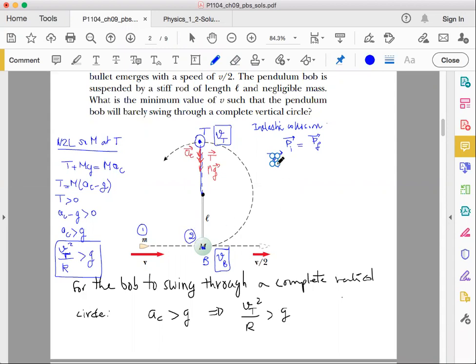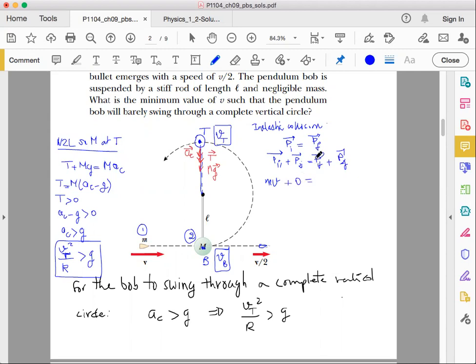So we end up with P1 initial plus P2 initial is equal to P1 final plus P2 final, right? And so here P1 initial is given by the mass multiplied by the velocity. Here we're taking this as the x direction, the direction of the motion. It's m times v plus the P2 initial is simply 0 because the bob was at rest.